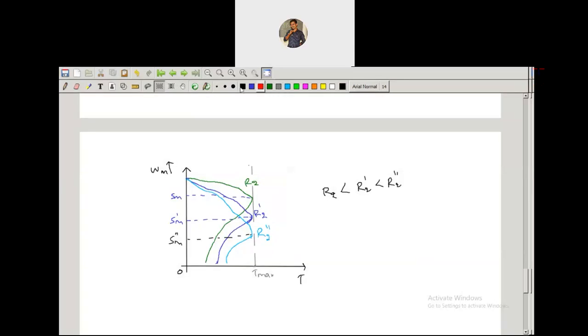For example, we are having a constant torque load. For that load, let me take some torque value. This is my load torque, this pink color.